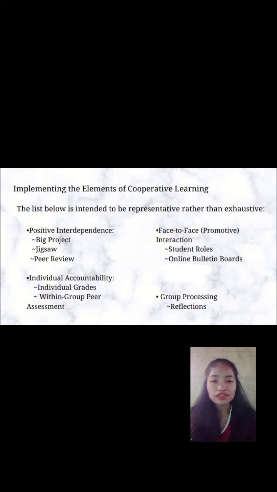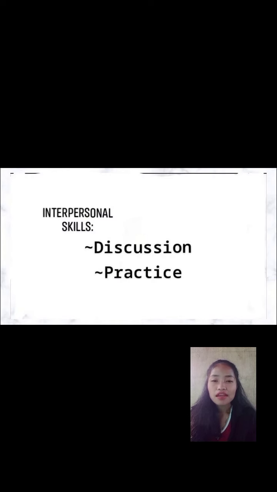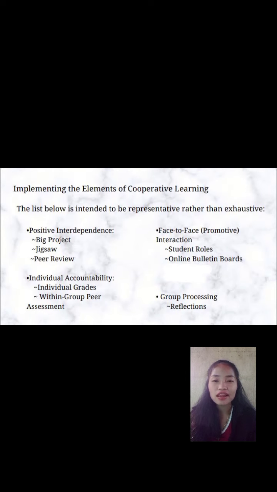Some parts of these are individual grades and within-group peer assessment. Another one is the face-to-face promotive interaction. Some parts of these are student roles and online bulletin. Next is interpersonal skills. Some parts of these are discussion and practice. Lastly, the group processing, which is the reflection.